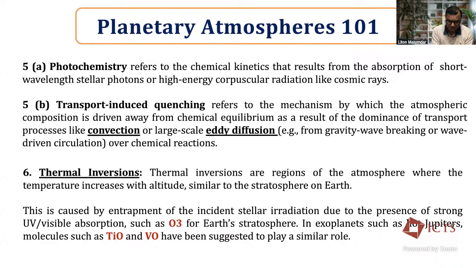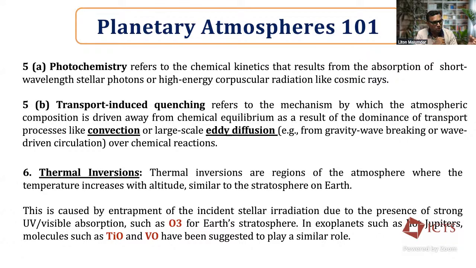So in summary, I'll be talking now about two different aspects. The first aspect is the equilibrium processes, which are basically operating in a planet atmosphere when the composition is not changing over time, where the reaction rate of the forward reaction and backward reaction is similar.